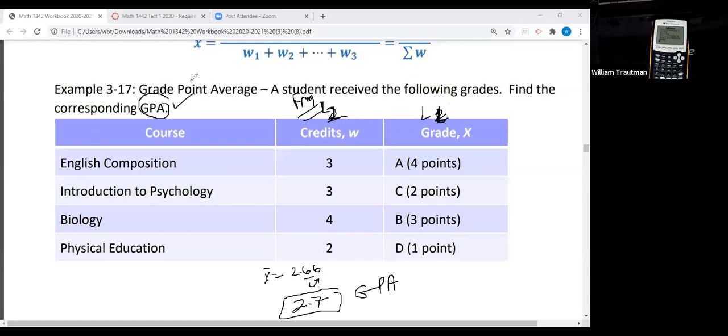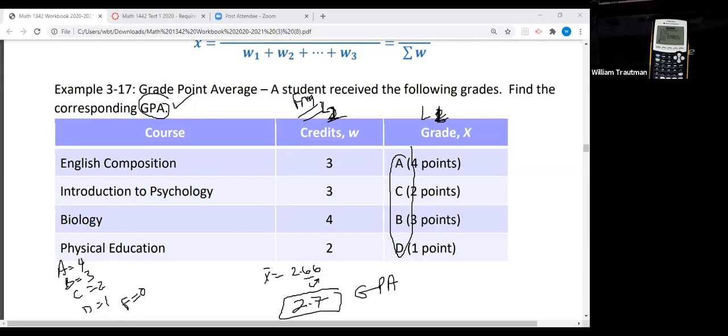You will do a GPA on this test and in the homework, and you will do a GPA similar to this on the final exam. But a word of caution, they're not going to tell you how many points. They're just going to say A, C, B, D. You have to know an A is worth 4 points, a B is worth 3, a C is worth 2, and a D is worth 1. F's are 0. You have to know that.